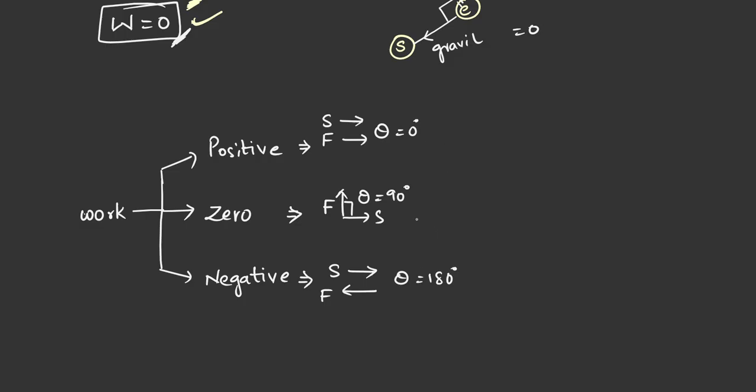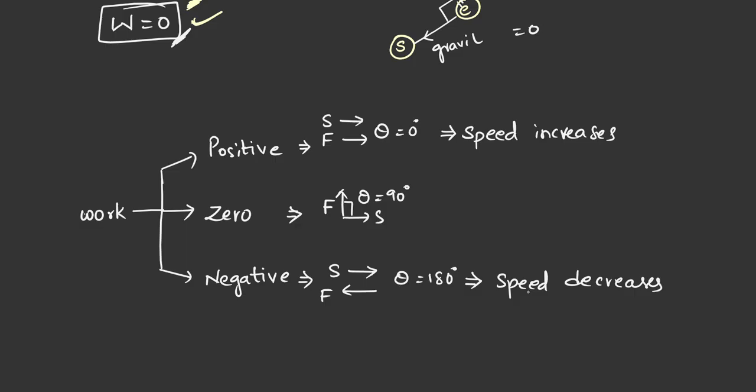What are the consequences of these different types of work? The consequence of positive work is the speed of the body increases. Whenever a positive work is done on a body, definitely you will see an increment in the speed of the body. What about the consequence of a negative work on a body? Speed decreases.